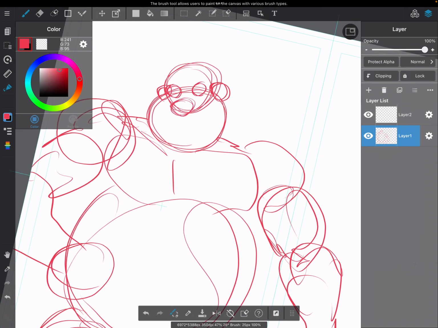So even his nose is kind of a circle-oval situation. He's got these jagged teeth.